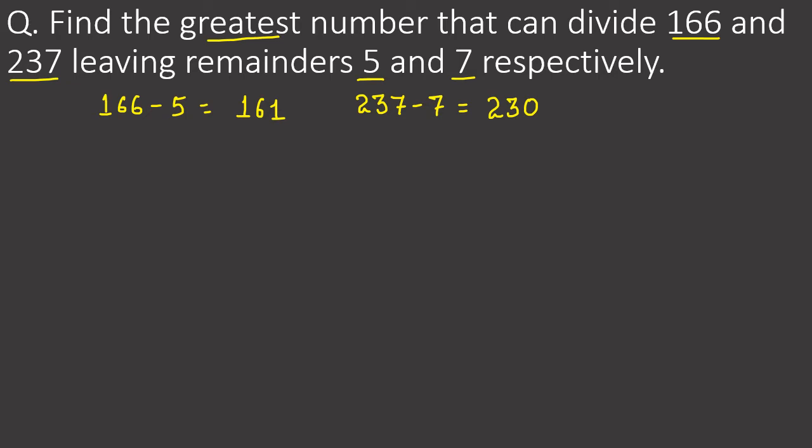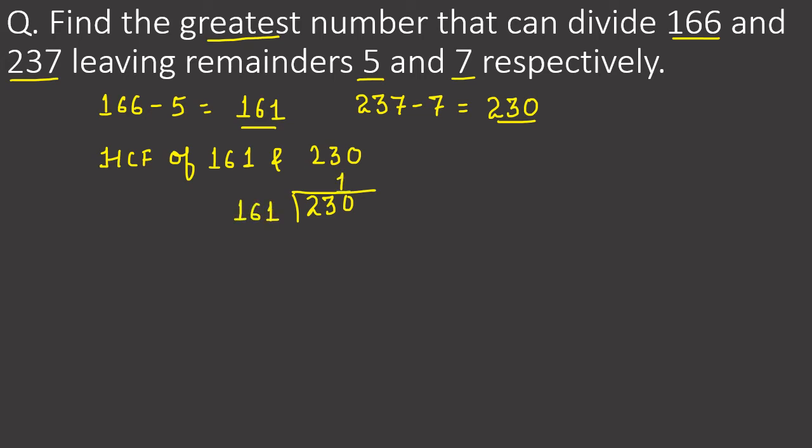Now the numbers are 161 and 230. So now we can find HCF of 161 and 230. So find their HCF, write 230 as the dividend, 161 as the divisor.